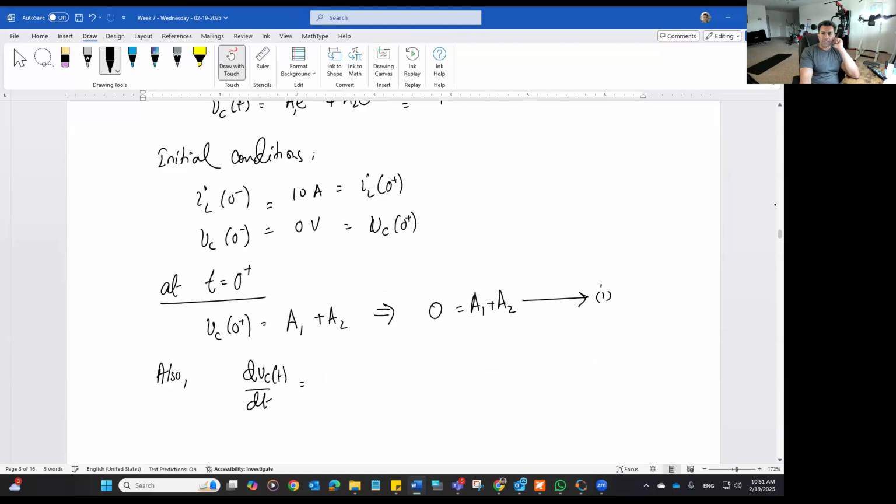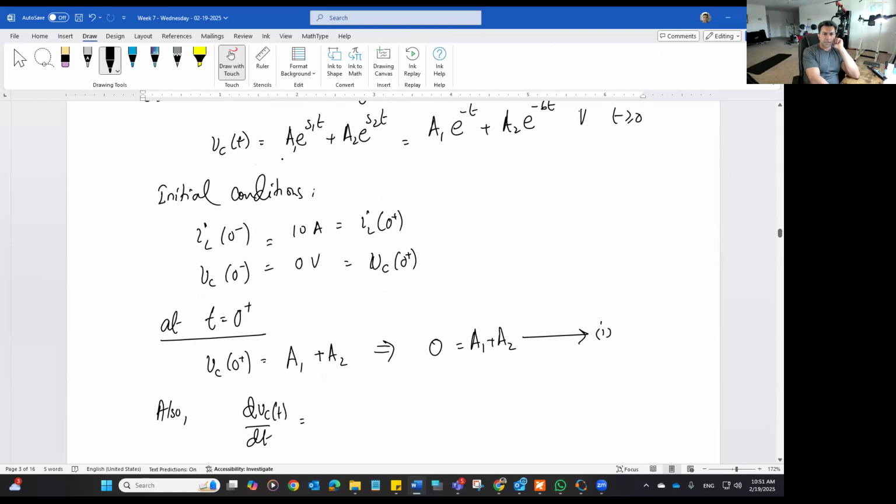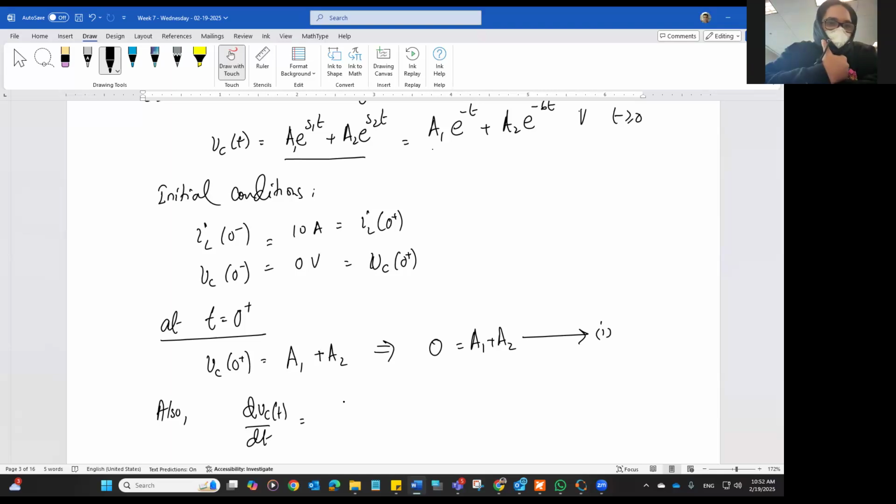All right, when we take the derivative of the capacitor voltage equation, we can just go with the general equation, because that equation is not going to change. What will be the derivative of A1 e to the power s1t plus A2 e to the power s2t? It would be A1 s1 e to the power s1t plus A2 s2 e to the power s2t.